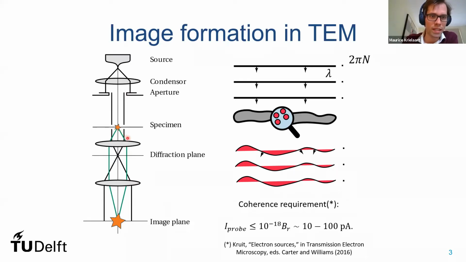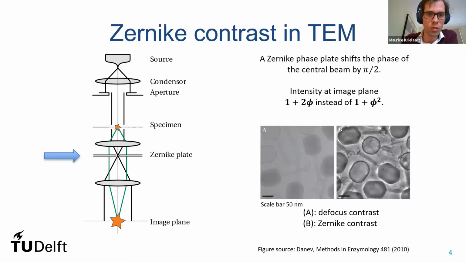Then you can start making images of your specimen, but you'll find that the contrast in these images is actually not that good. You even have to defocus your lens a little bit to get some contrast at all.